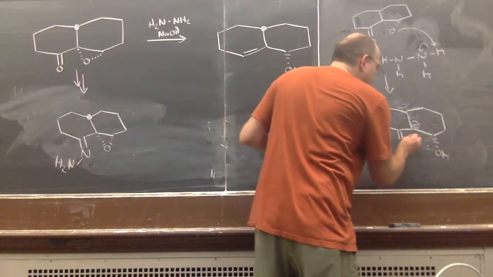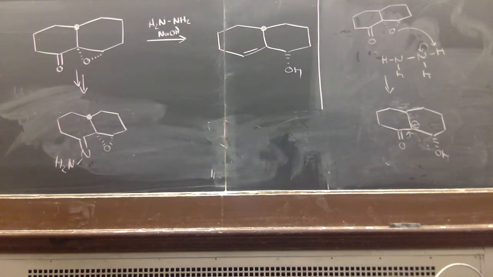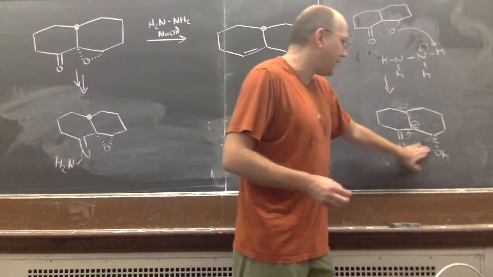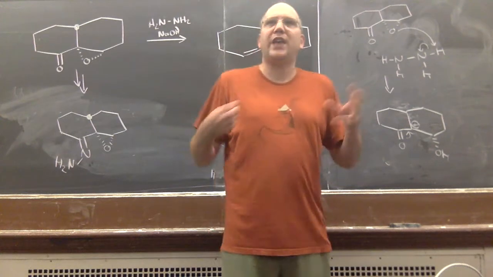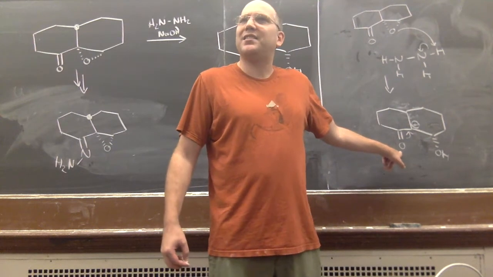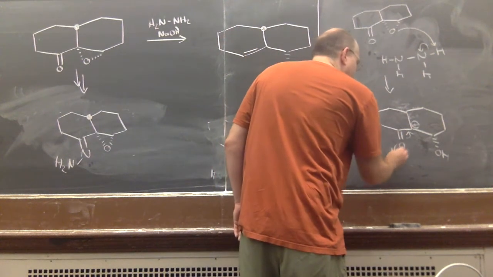So what this person did was they said, well, I'm going to go ahead and shoot the electrons over there, right? But then as they were doing this, I think, again, I don't want to put the thought in this person's head, but if I could get in that head, I think they were saying, oh, wait, I need to then have something on this oxygen. So I'm simultaneously going to have it get protonated.